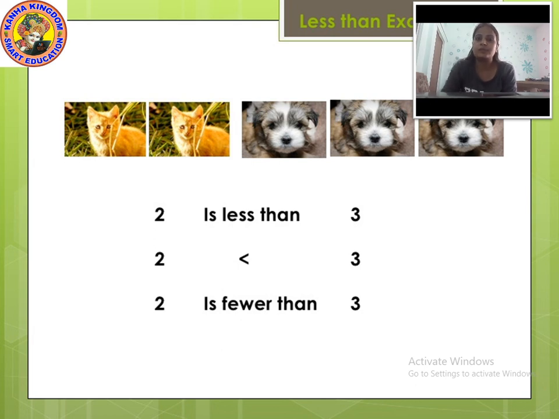So 2 is less than 3, or 2 is fewer than 3. 3 is more than 2, right? Here 2 is before and 3 is after, that's why this is less than. So we will say 2 is less than 3.